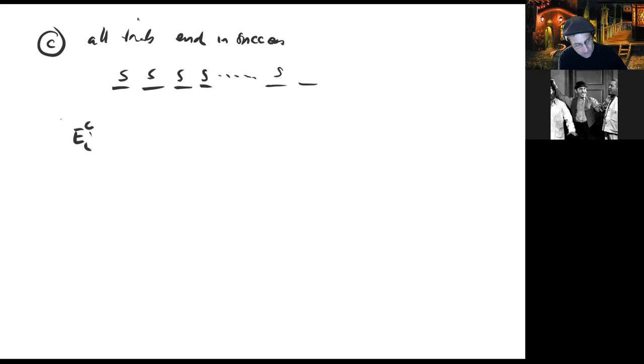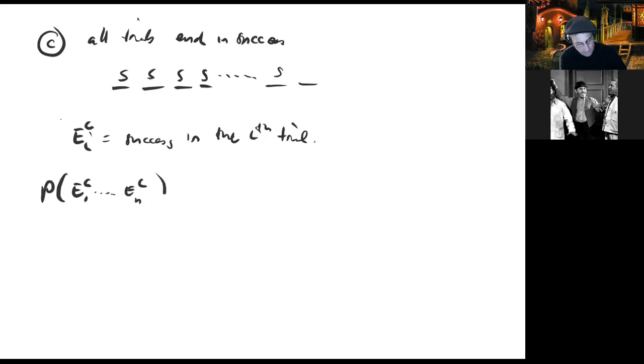And so success in the ith trial. Okay, so we're interested in, let me first compute E1 complement intersect E2 complement all the way up to En complement. What is that given by? Well, these complementary events, we saw, are also going to be independent of each other.